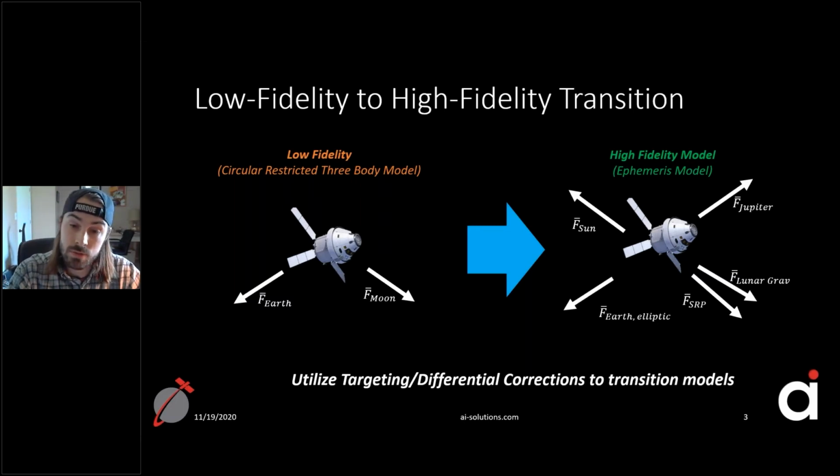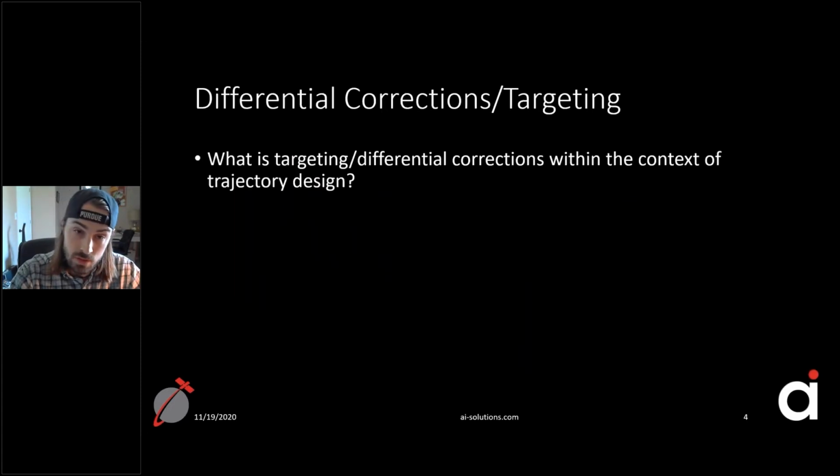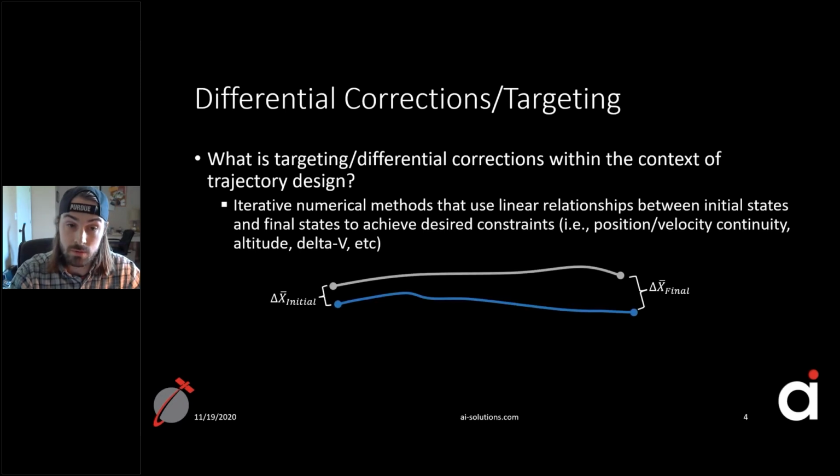One way to deal with this transition between a low fidelity and a higher fidelity model is using a targeting or differential correction scheme to transition between the two. That begs the question of what a differential corrections or targeting scheme is within trajectory design. Some of you may have heard of differential corrections before, and FreeFlyer has one built in. However, there are a number of different types of differential correction schemes.